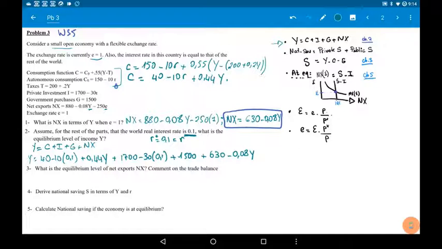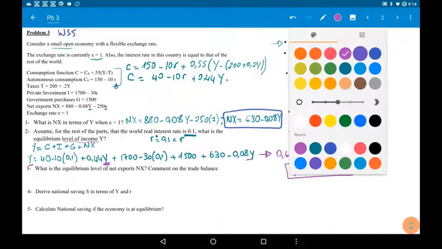As you see, this is one equation with one variable, which is Y, the income level. This can be reduced to 0.64Y equals 3,866. So Y equals 6,040.625. This is the equilibrium level of income.